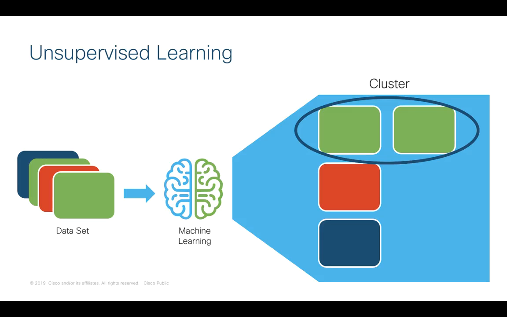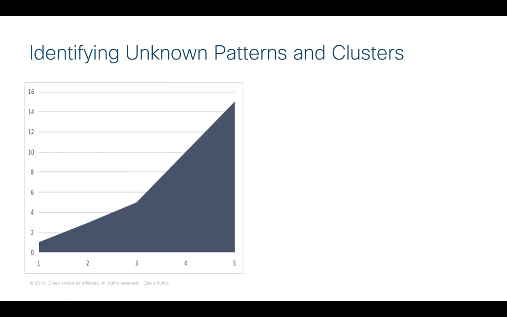Now, this ability to see patterns and to see clusters in data is really important when we consider the limitations we have as humans. We can take data and plot particularly two-dimensional data and visualize it in graphical form fairly easily.